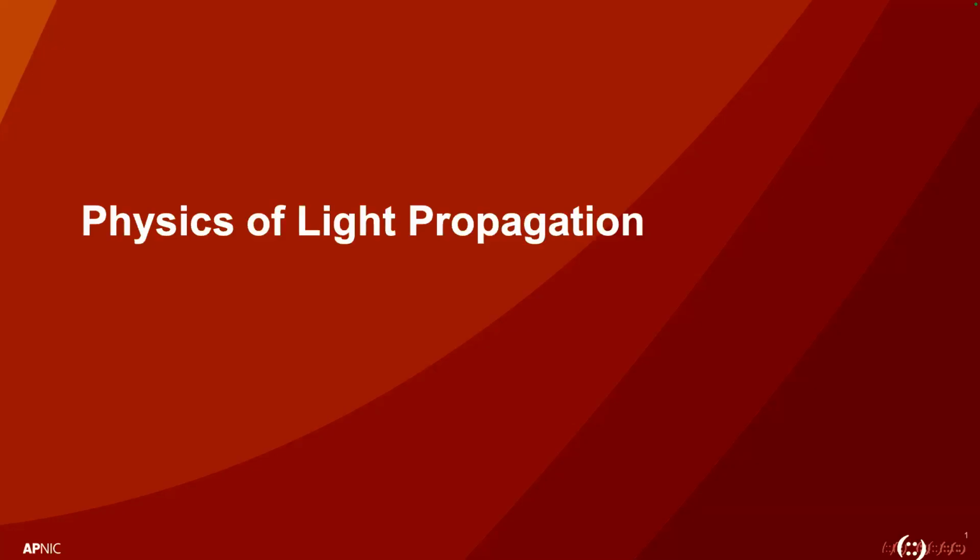Okay, moving forward. So, as I was saying, since DWDM is all about lights and all about layer one, before understanding the technology, we need to understand how light behaves.